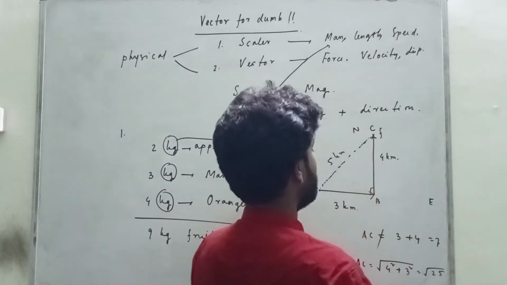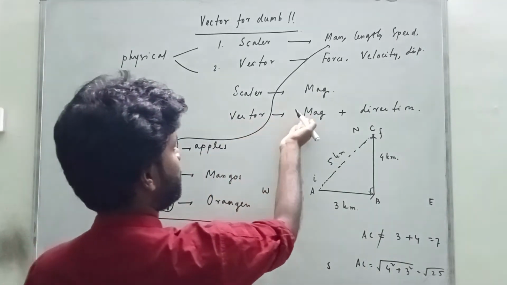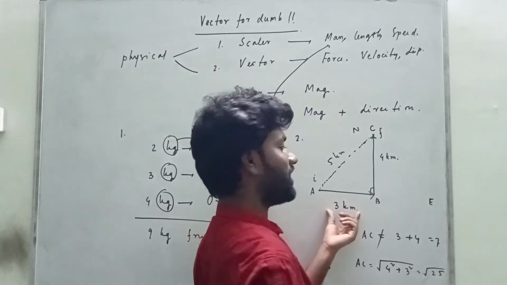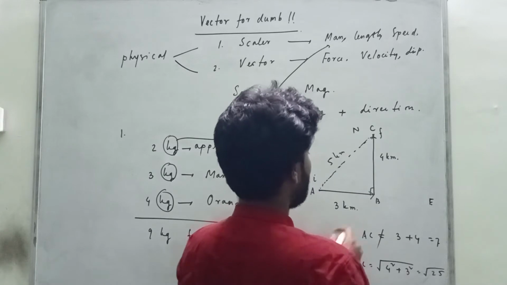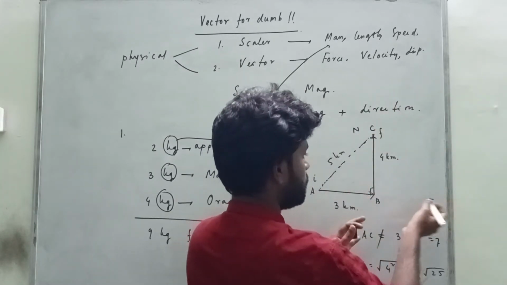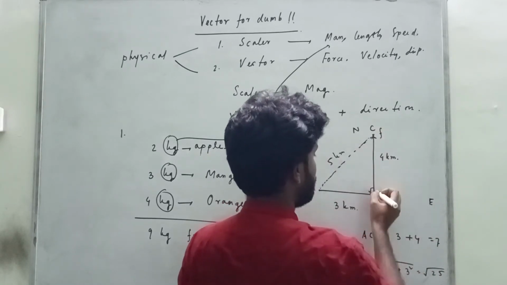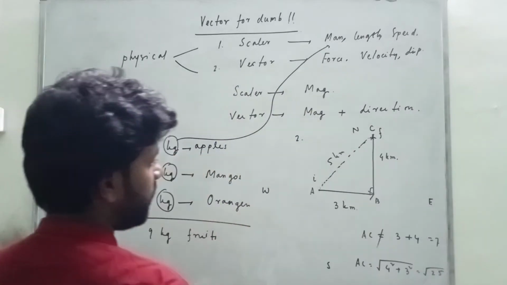And all of you know direction means a vector, right? Vector means magnitude and direction. 3 kilometers is the value, and these are the directions. Towards east is a direction, and towards north is obviously a direction.